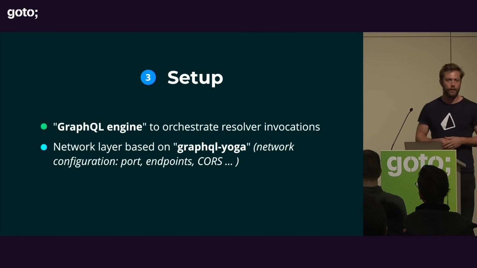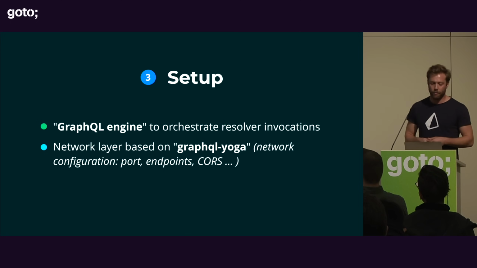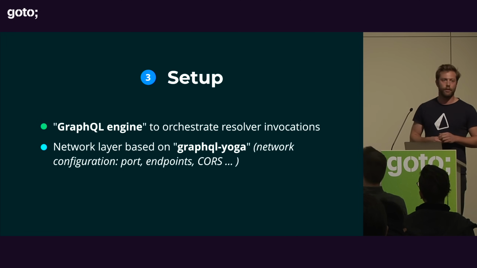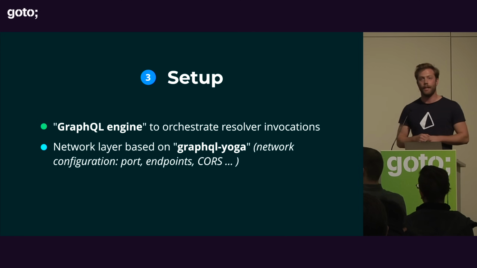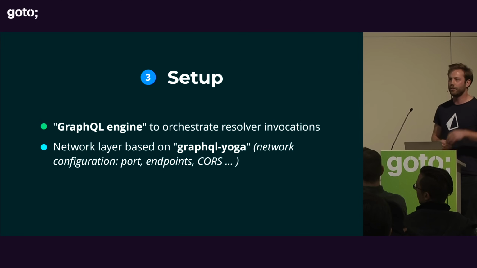If you build your GraphQL server with HTTP, then you can use some common web framework. In the example that I'm going to show you later on, I'm going to use a GraphQL server library that is called GraphQL Yoga, and that is based on the Express framework. So if you have ever worked with Node and built a web server with Node, it's likely that you've come across the Express framework, which is really popular in the Node space, and GraphQL Yoga is built on top of that.